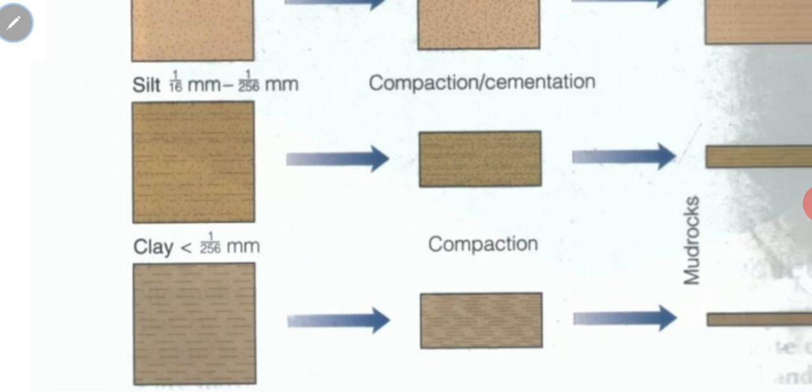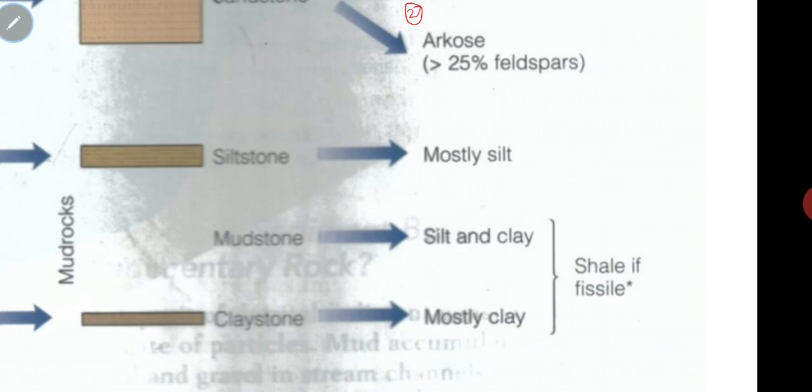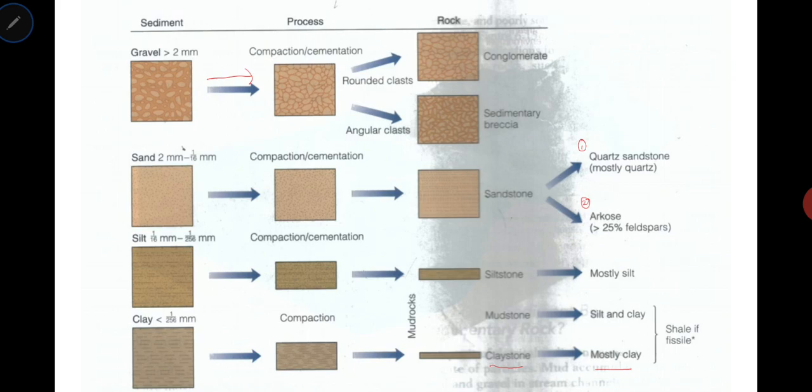This one goes through compaction process, and at the end the sedimentary rock formed from this process is claystone, and mostly the rock is clay. So this is the process of physical. This rock fragment accumulates at one place, or sedimentation at one place, and then goes through the process of compaction and cementation and results in sedimentary rock.